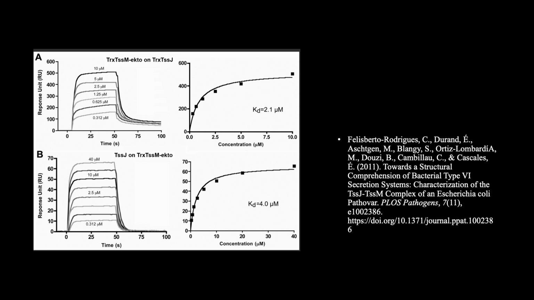And then injecting TssJ over a chip coated with TssM ecto showed a constant of approximately 4.0 plus or minus 0.5 micromolar, suggesting that that is a slightly weaker interaction compared to the previous interaction. So the KD values are quantifying the strength of the binding between the TssJ and the TssM, supporting an understanding of the interaction dynamics.